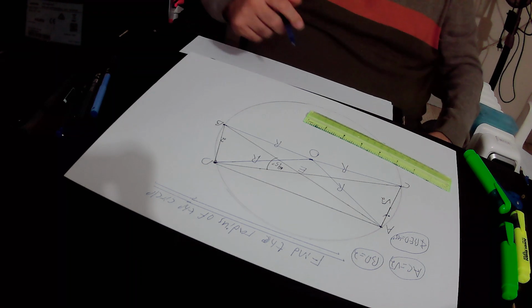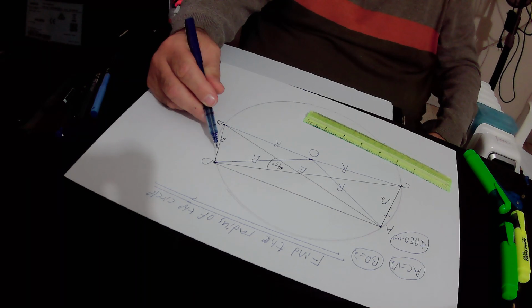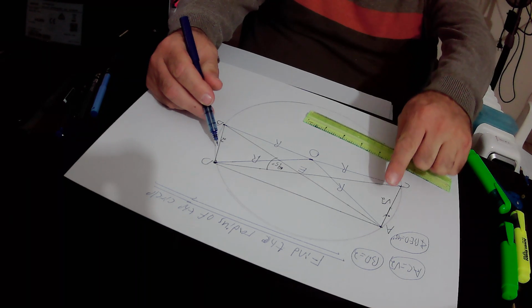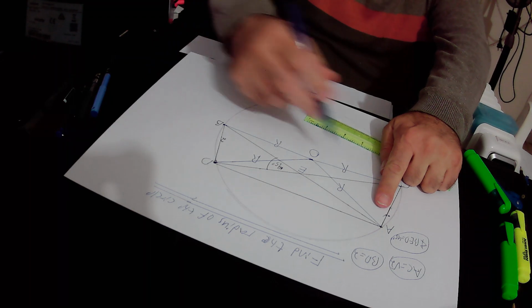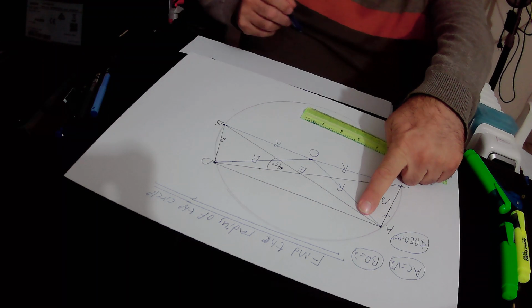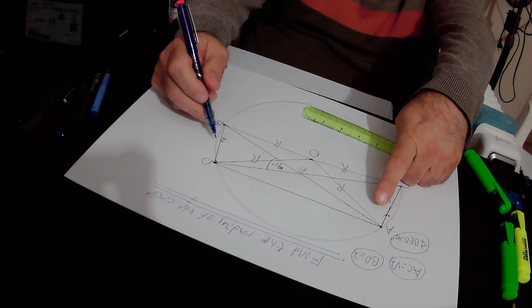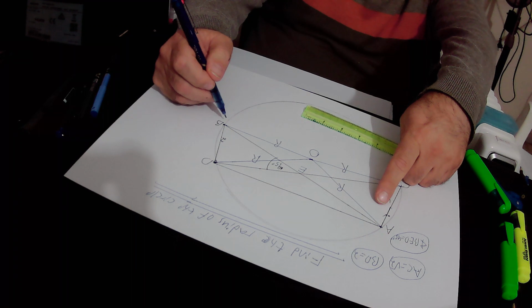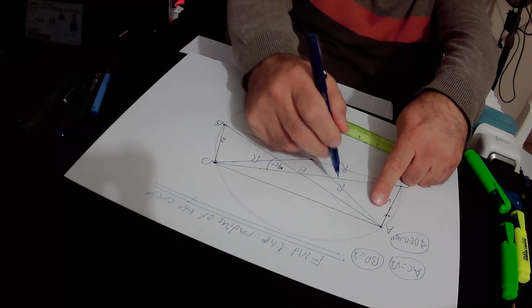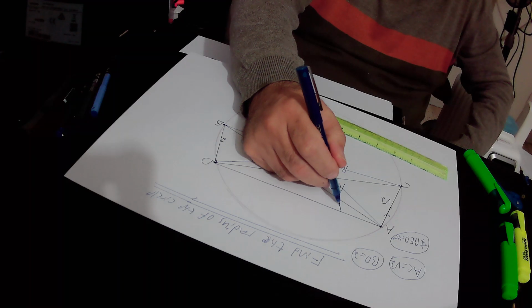So we will focus on chord DB. We have angle BAD. This angle BAD rests on chord BD. We define the peripheral angle BAD as x over 2.